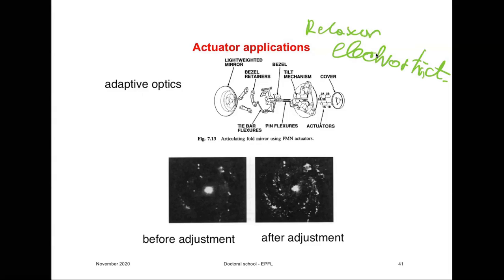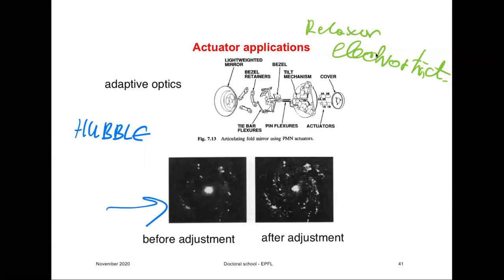And here is the one that was used in the Hubble telescope. As you know, in the 80s when Hubble was launched, there was an error in its mirror and it gave not-so-good pictures.